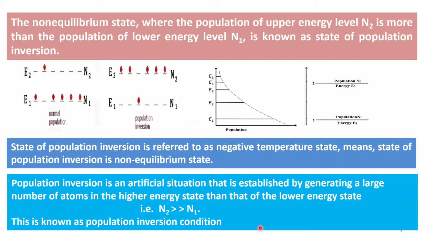That means N2 should be greater than N1, that is, the population in the excited state, the upper energy level N2, should be greater than the population of atoms in the lower energy state, the ground state, and this condition is known as the population inversion.